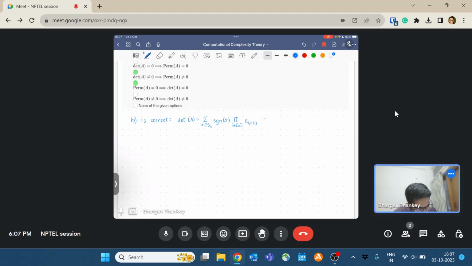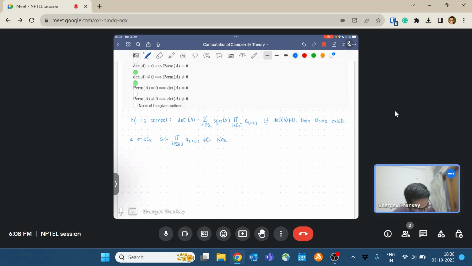So if the determinant of A is not equal to 0, then there exists a sigma such that the product over i in [n] of a_{i, sigma(i)} is not equal to 0.